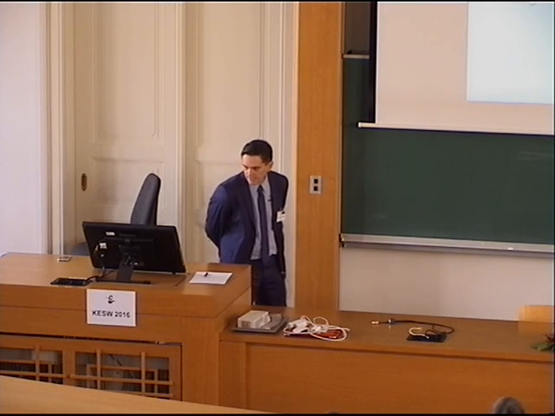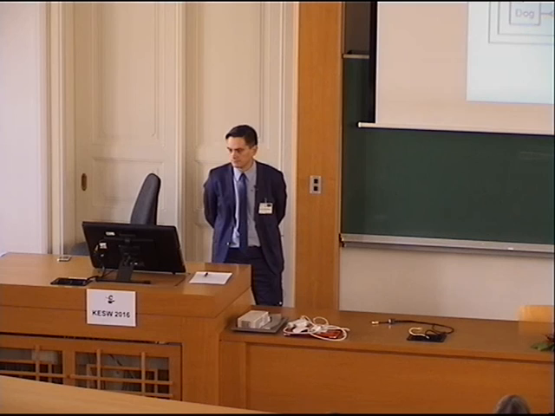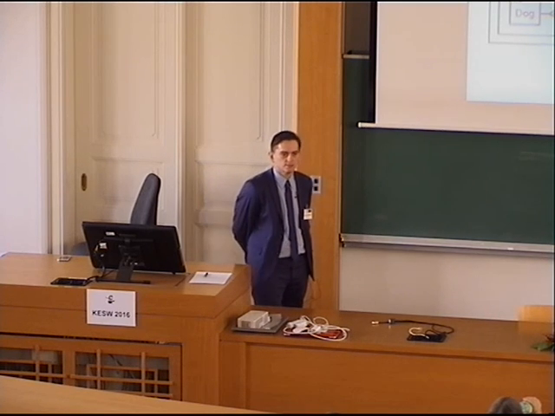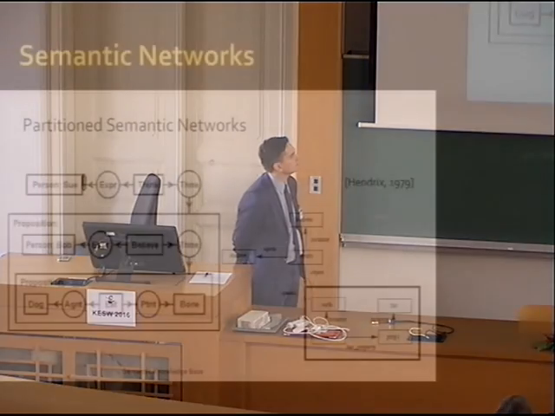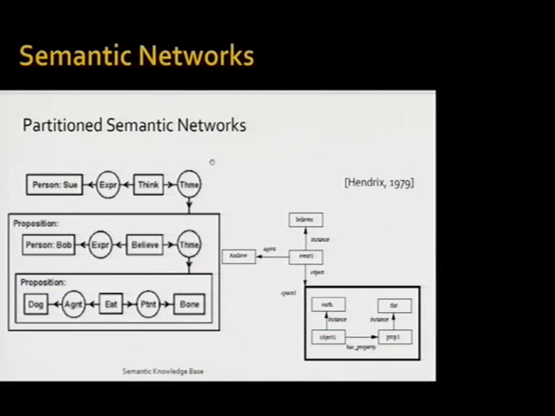What is interesting, the idea of semantic networks was extended in the late 70s by Hendrix, who said that there is a need for so-called partitioned semantic networks, putting some part of information into a bag and just referring to this bag as an information storage. But still, it was a graph, a partitioned graph, but still no semantics in it.